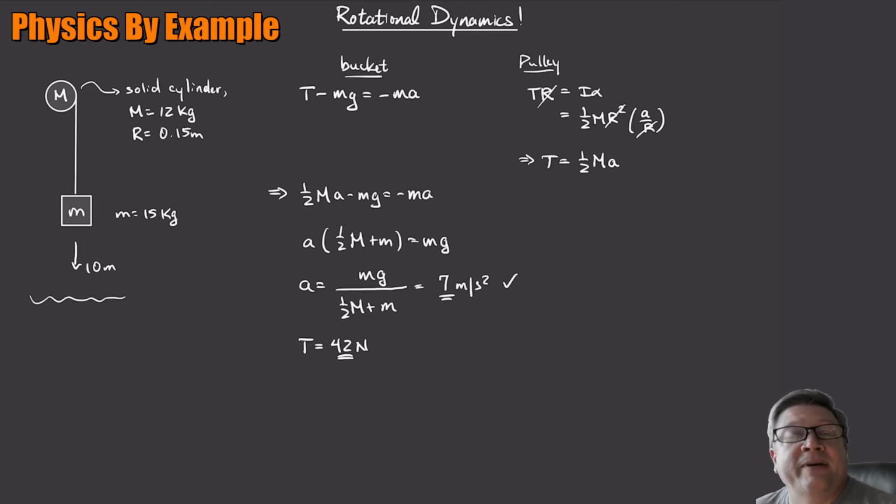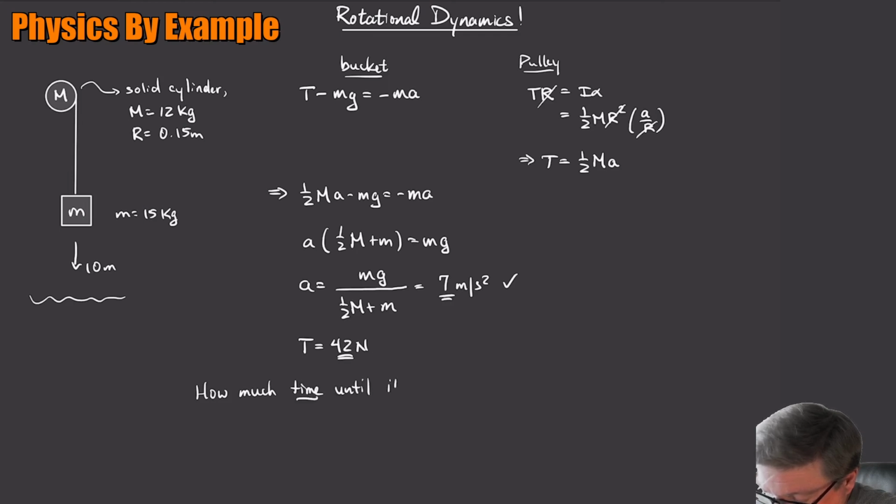So you can find the tension in the rope as it falls, which is another classic problem. You can also ask, how long will it take for it to hit the bottom? Because that acceleration is going to be constant as it falls. How much time until it hits the water? Well, now we can go all the way back to our kinematics, really early in our study of physics.